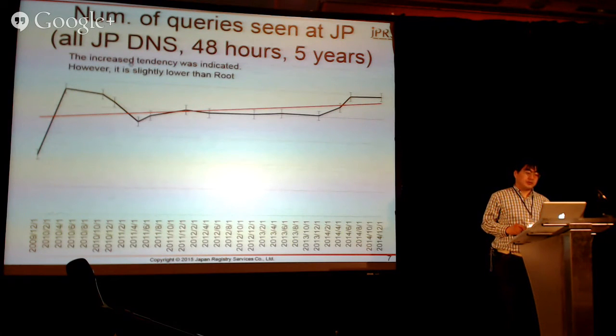And this graph shows the number of queries seen at all JP DNS servers, 48 hours, over 5 years. Sorry, I can't show the actual number values. The increasing tendency was indicated. However, it is slightly lower than root.